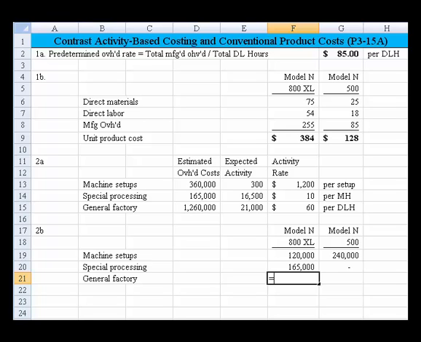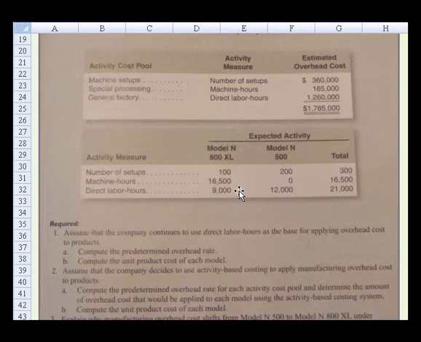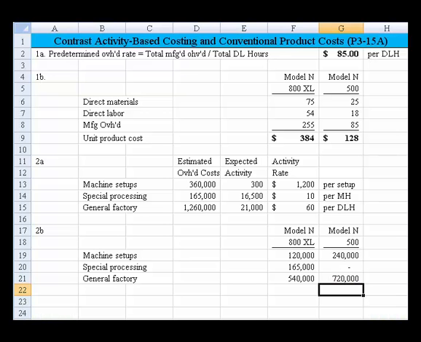So we take the $60 general factory per direct labor hour times 9,000 hours. Direct labor hours is for 540. This one will use that $60 direct labor hour, and they were expecting 12,000 direct labor hours. Okay, and that 12,000 came from right there. There's the 9 and the 12 to the left of my mouse.